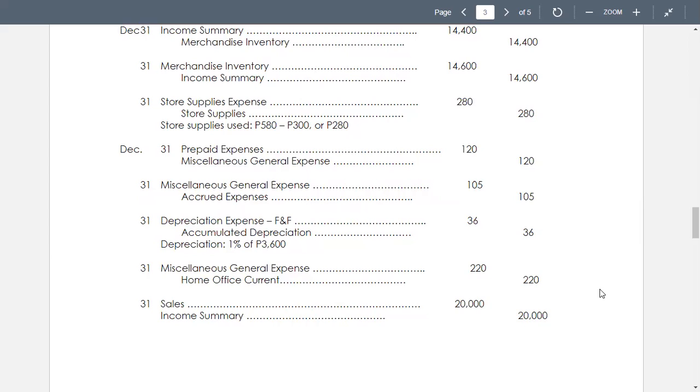Now, for the multiple choice problems, we have so far only up to chapter 14, beginning with number 1 up to number 44.